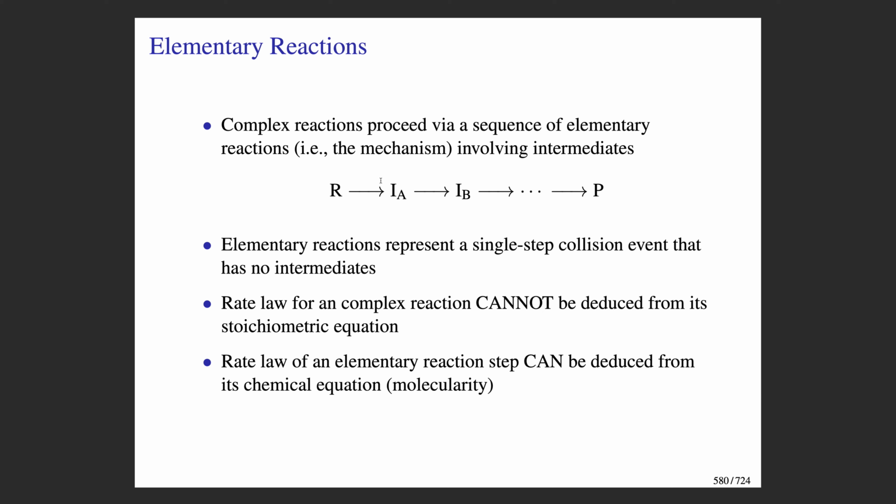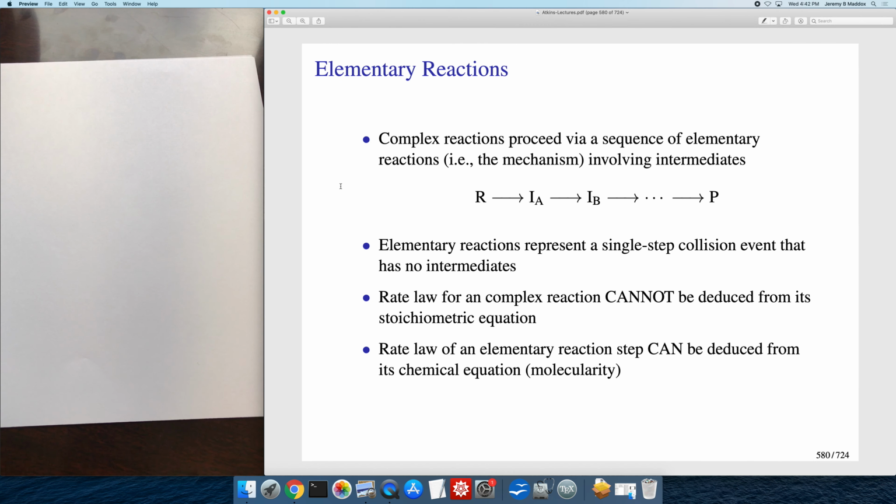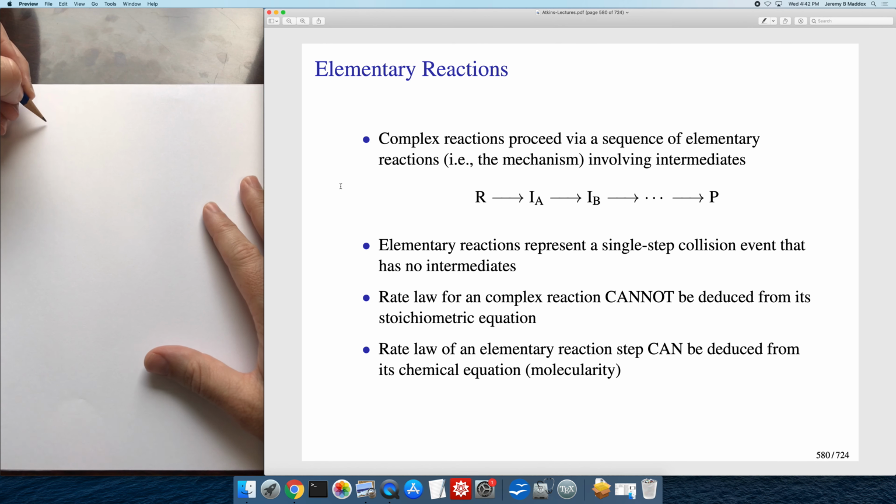The difference between a stoichiometric reaction and an elementary reaction step is that the elementary reaction step represents a single chemical collision event that has no intermediates. So for example, in this generic example, you could write a stoichiometric equation that looks like this.